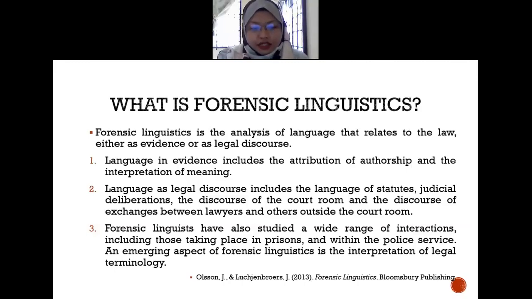An emerging aspect of forensic linguistics is the interpretation of legal terminology, which is about the plain language movement. We try our best to propose plain language rather than using complicated legal language and terminology, so that lay people can understand.